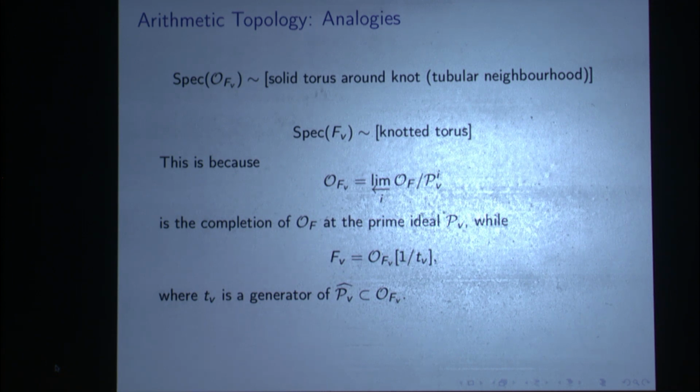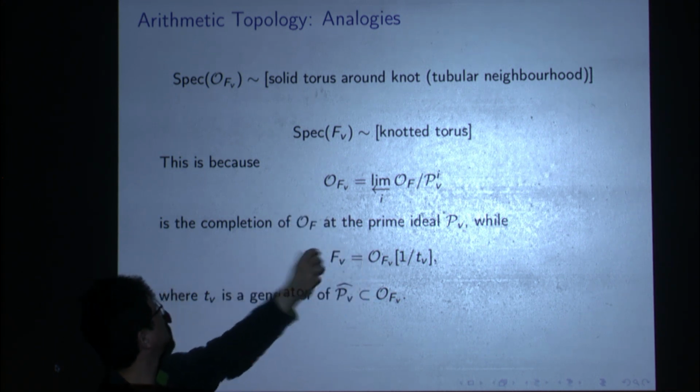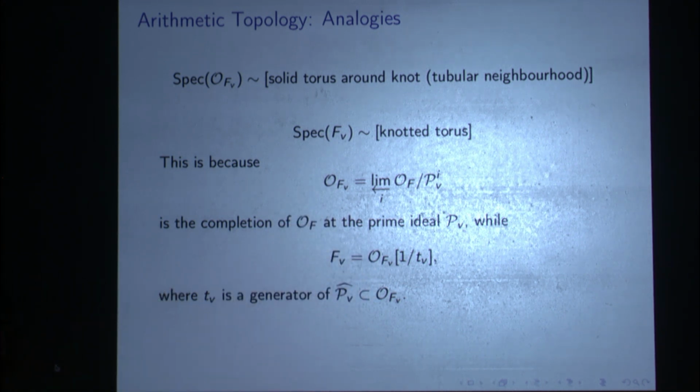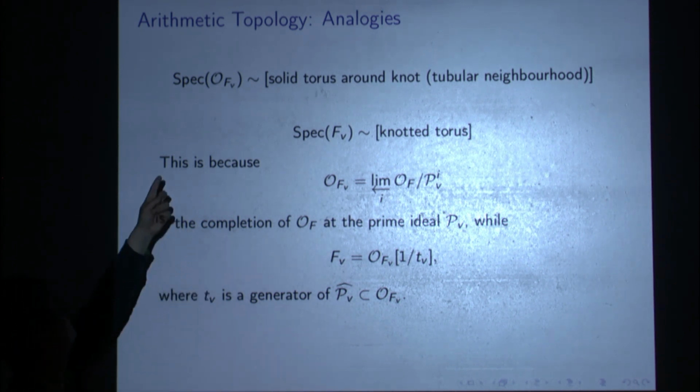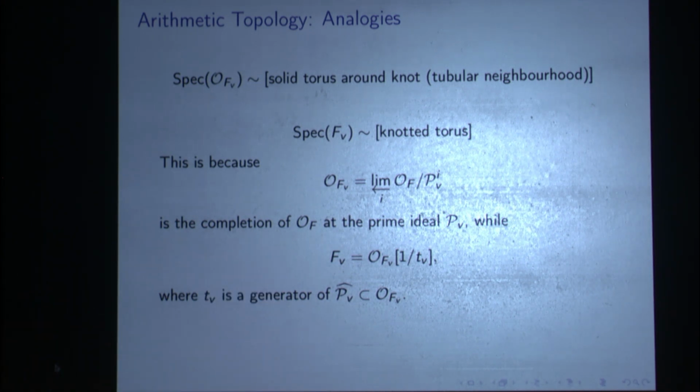Meanwhile, the field is obtained just by inverting the generator of the maximal ideal. But of course, the maximal ideal is exactly what cuts out the knot in the middle. So that's like deleting the knot. Okay? So once again, the completion of the ring of integers is like a solid torus around the knot. The completion of the field itself is like the boundary of the solid torus.